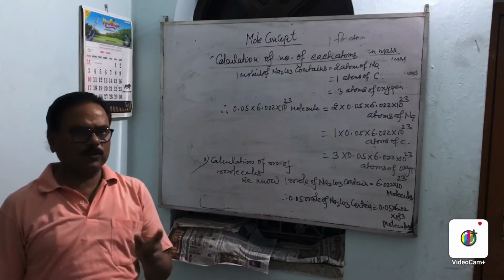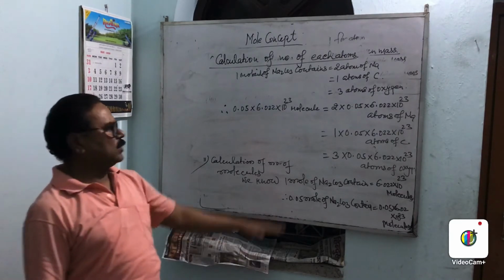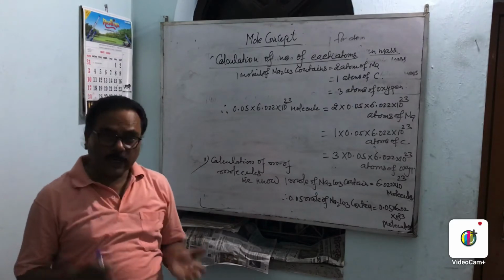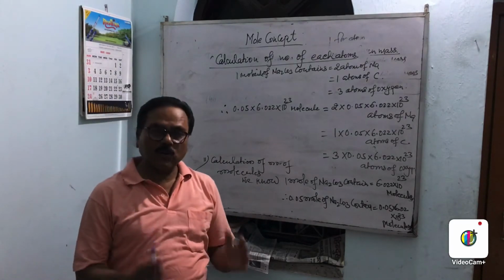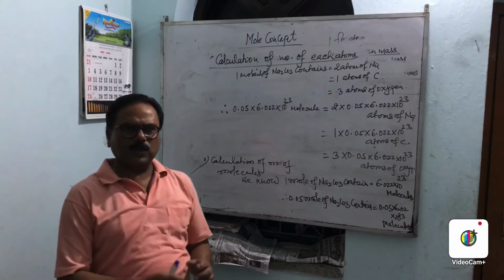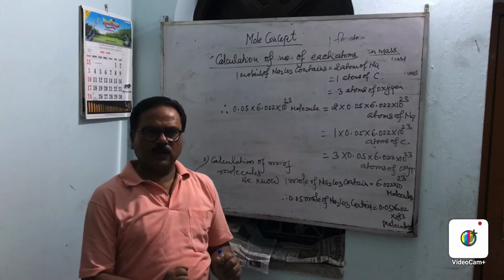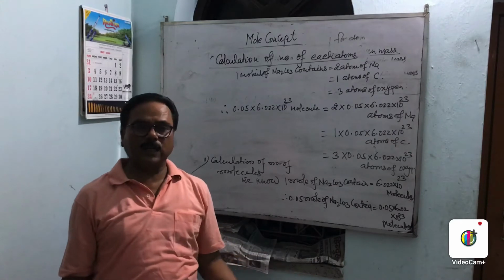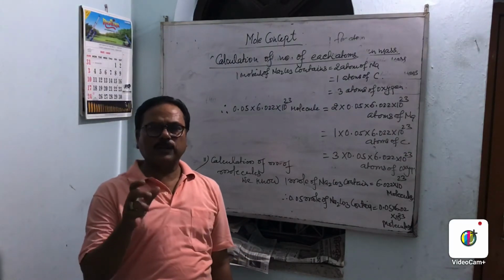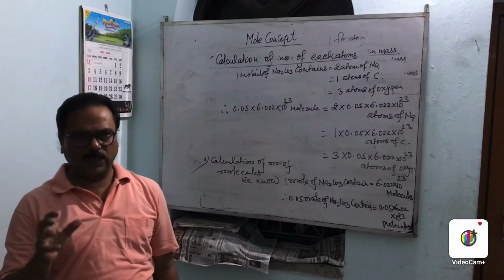If we are not able to calculate the molecular mass, we are not able to find out the number of moles. If we are not able to find out the moles, we are not able to calculate the number of molecules, because by our concept, 1 mole of any molecule will contain 6.022 into 10 to the power 23 molecules.